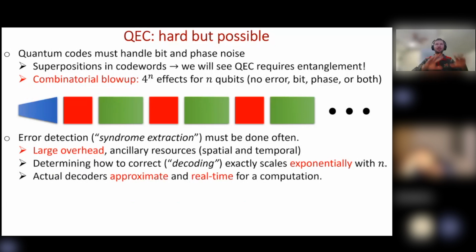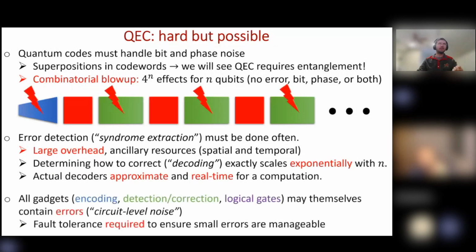Now, on top of all of this, all the gadgets that I mentioned, encoding, detection, logical gates that I haven't yet drawn, may themselves contain errors. So the errors are not restricted by nature to the red boxes. They're actually everywhere. So whatever we do, there's going to be errors, and we have to handle those errors in some way.